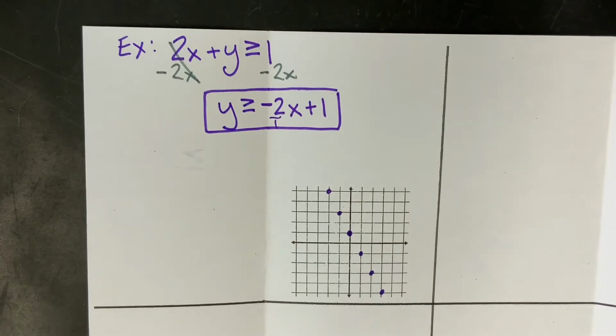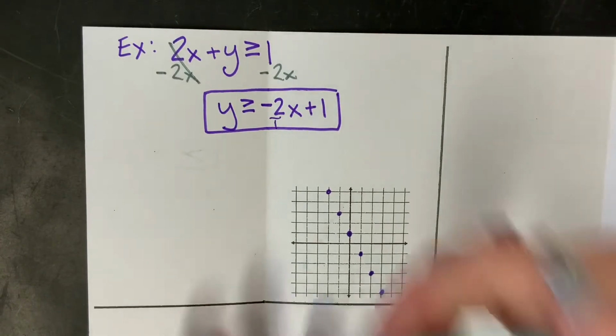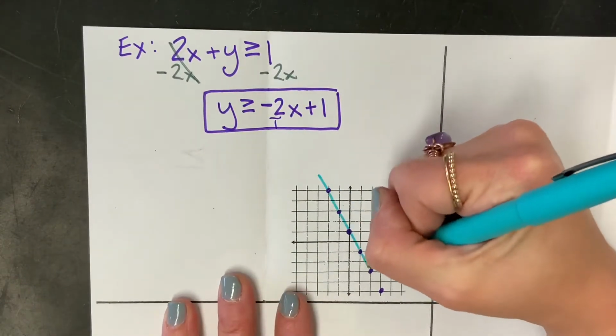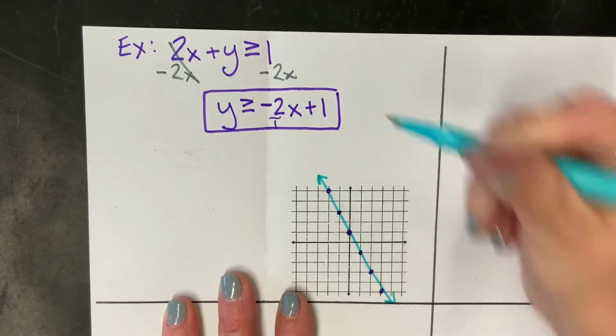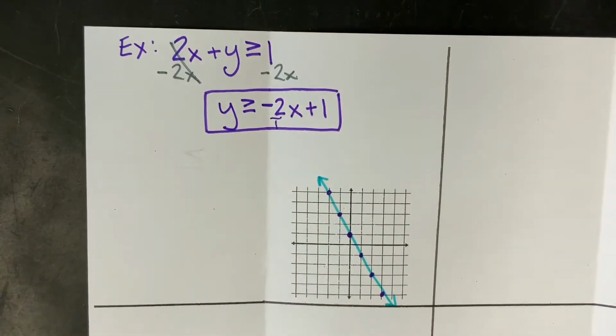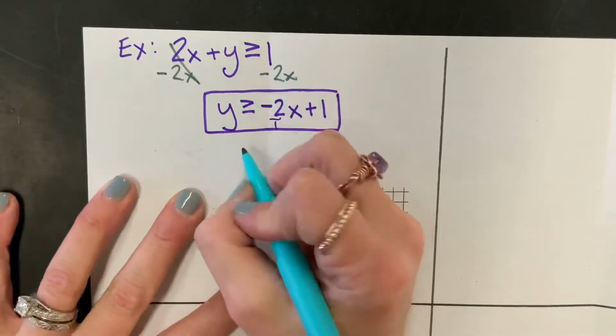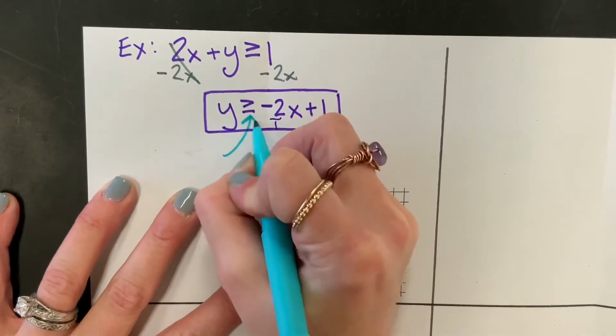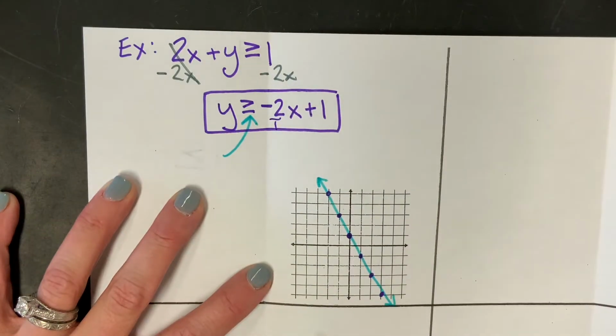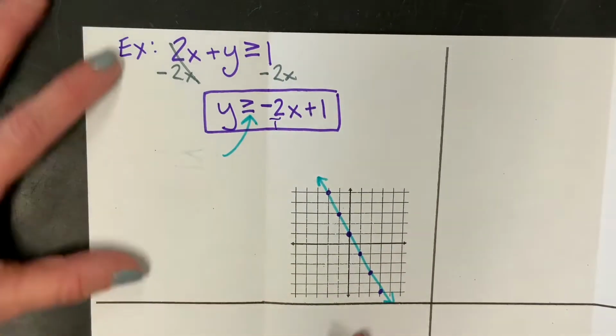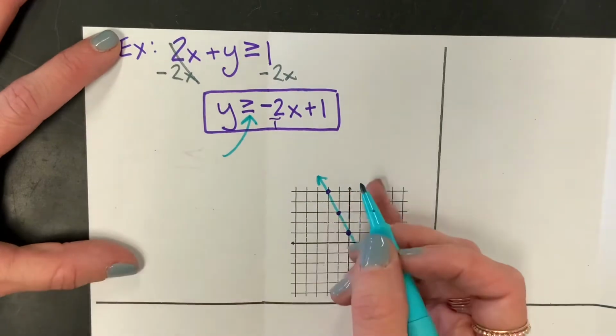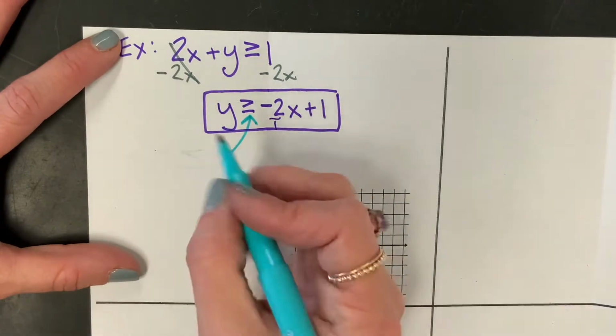Now I'm going to draw a solid line. Let's talk about shading. This symbol right here, the greater than or equal to, I think it's easier to think of the line first.